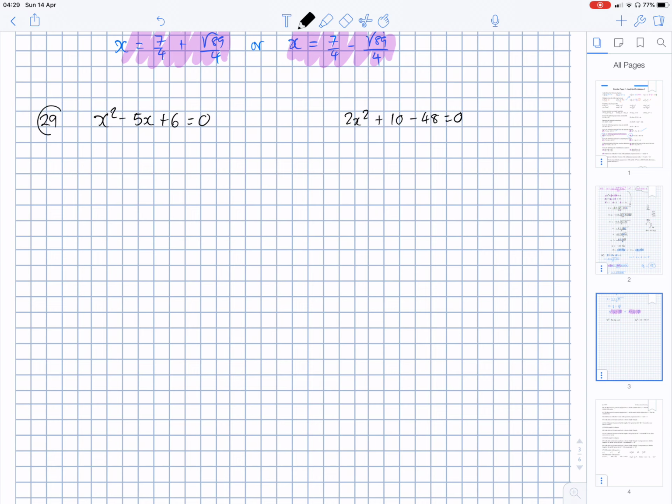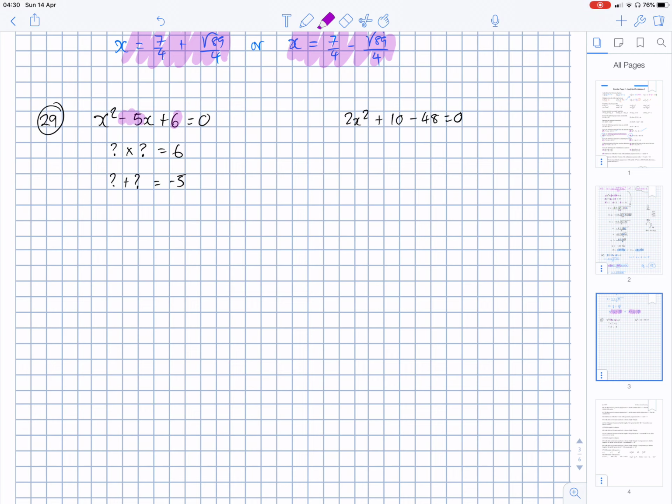This is 29. Here's what we do for this one. We say, what two numbers do you multiply to give you 6? There's 6 here. And if you add the same two numbers, you get minus 5, which is this minus 5 here.